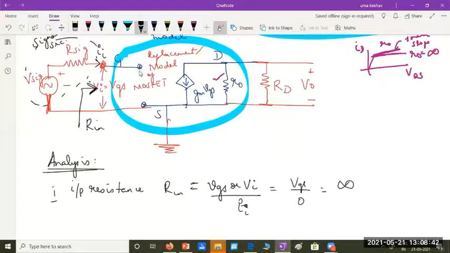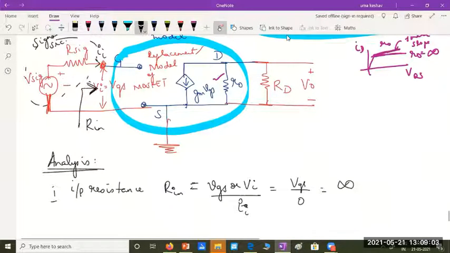Whenever you're looking into an open circuit, this resistance turns out to be infinite. Please remember, this is a major advantage of MOSFETs. So the input resistance or input impedance turns out to be huge, which is infinite. Okay.